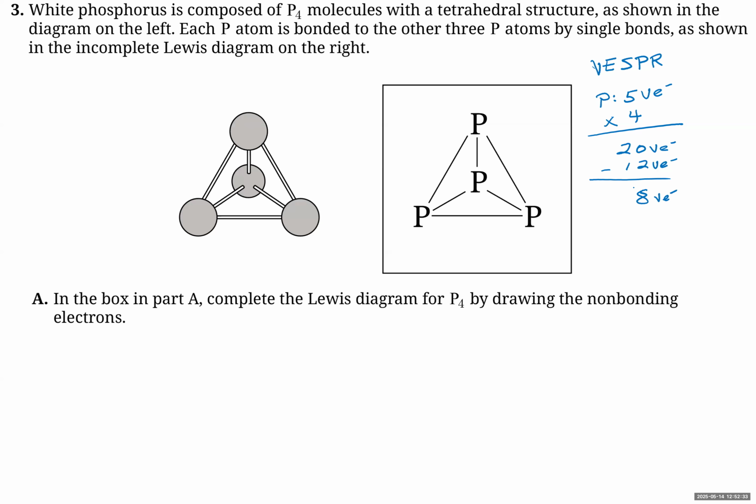So if we take 8 divided by 4, that's 2 valence electrons per atom, and therefore the easiest thing to do is to put 2 valence electrons on each of the phosphorus, and then you'll get a total of 20 valence electrons. That is the answer for part A.